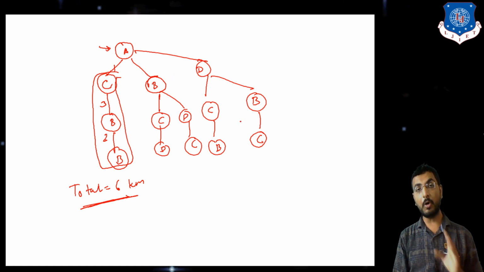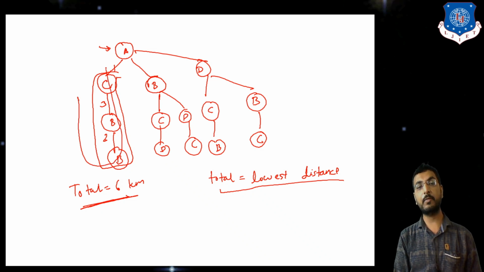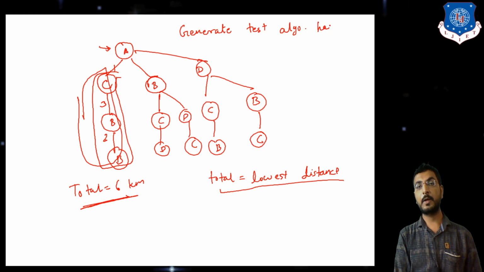Okay, and from all those possible paths, whichever has the lowest total distance, that lowest distance can be accepted, and directly the first solution that we have found can also be accepted. Getting my point or not? So listen everyone, the generate and test algorithm does not have any feedback path.